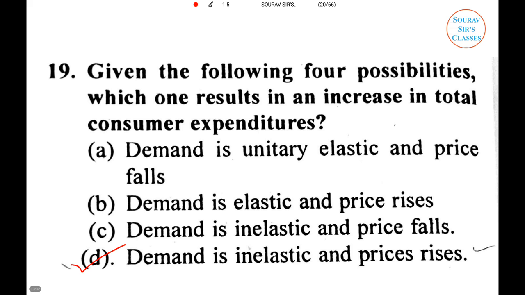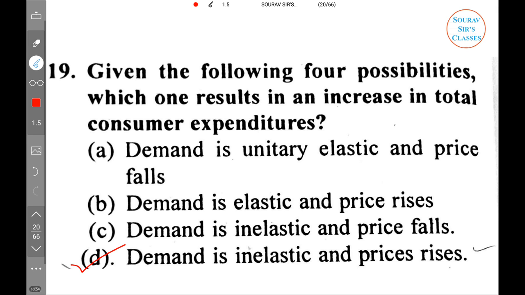If price rises, then demand is inelastic, and if price falls, then demand is elastic. In the present case, when total expenditure increases, then demand will be inelastic with a rise in price, because there is a direct relationship between price and total expenditure.